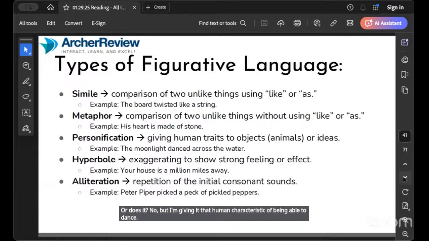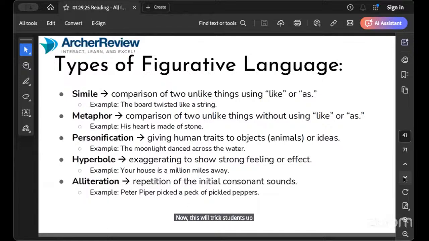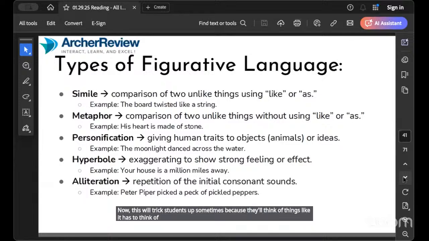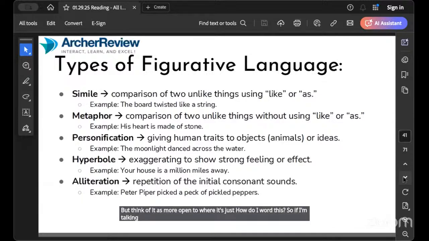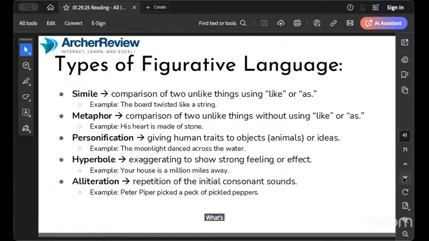Now, this will trick students up sometimes because they'll think it has to be a human characteristic. Okay? But think of it as more open. How do I word this? So if I'm talking about, like, Langston Hughes, he has a poem in which he compares dreams to different things.